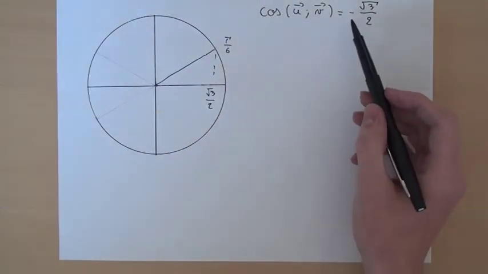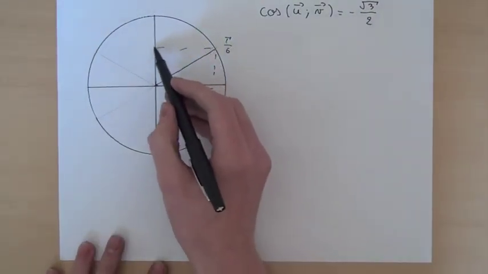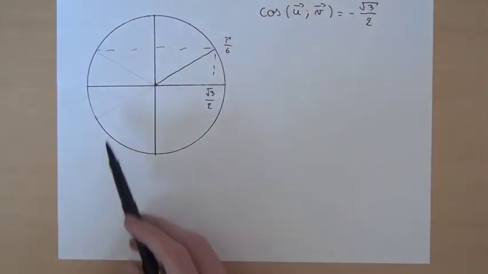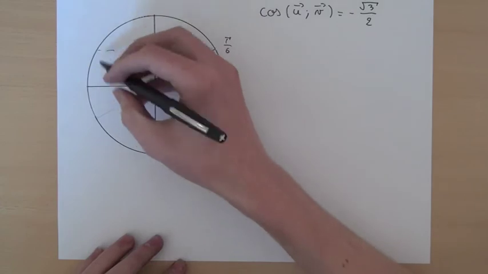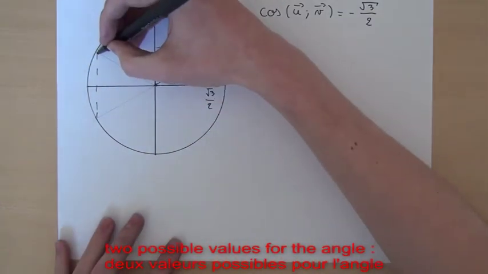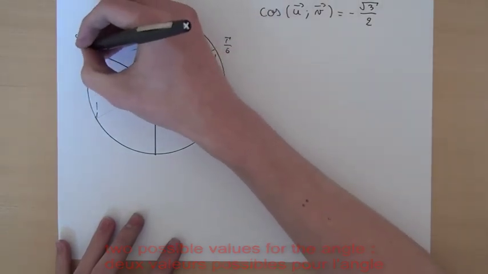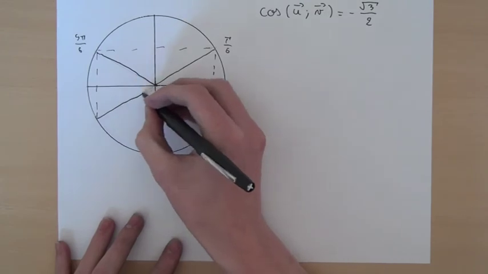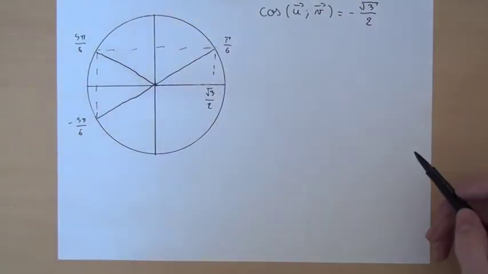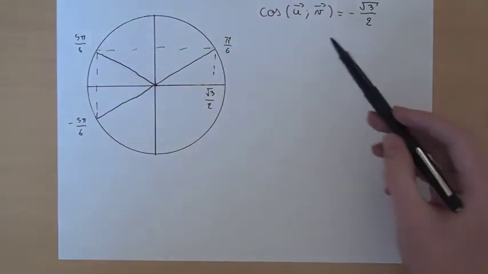So, if this is -√3/2, you just look on the other side of the circle, and you have two possible values of the angle. The first is 5π/6, and the second is -5π/6. So you have two possibilities for the value of uv.